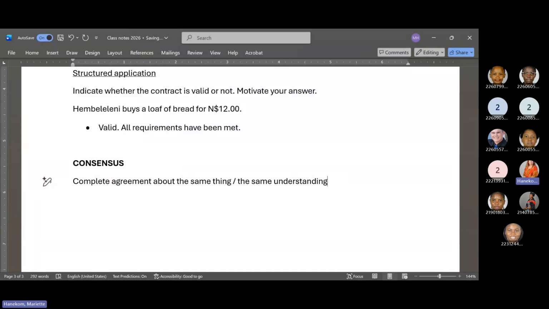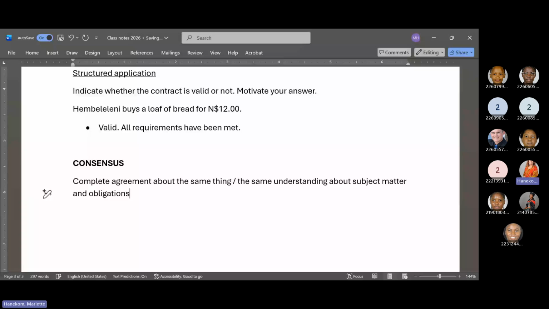For parties to be party to a valid contract, they must literally be on the same page. They must have a complete agreement about the subject matter and the obligations that will be arising from this contract.